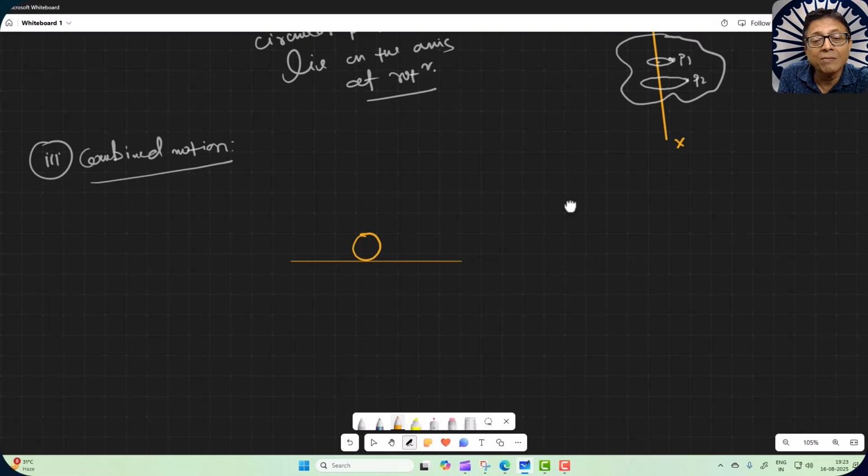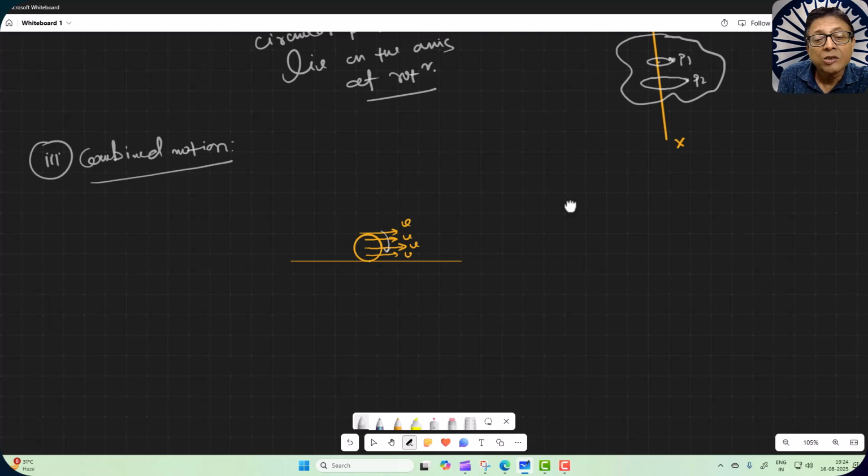This object may be a cylinder, maybe a disc, maybe whatever. It is rolling. Rolling means the center of mass is moving with the velocity v in such a way that every point has the same linear velocity v, but it has another kind of motion also. It is rotating also.